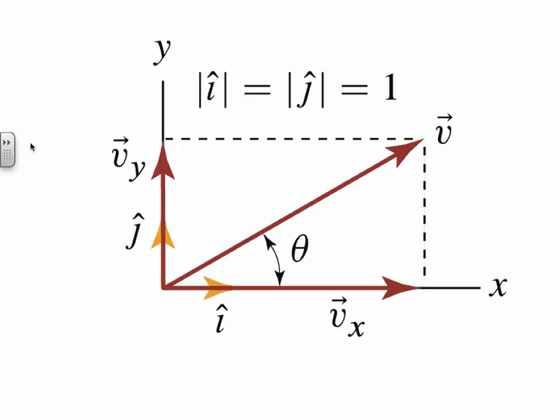Suppose, though, that the angle phi is obtuse, as sketched here. The components are still v cosine phi and v sine phi, but now Vx is negative and Vy is positive.